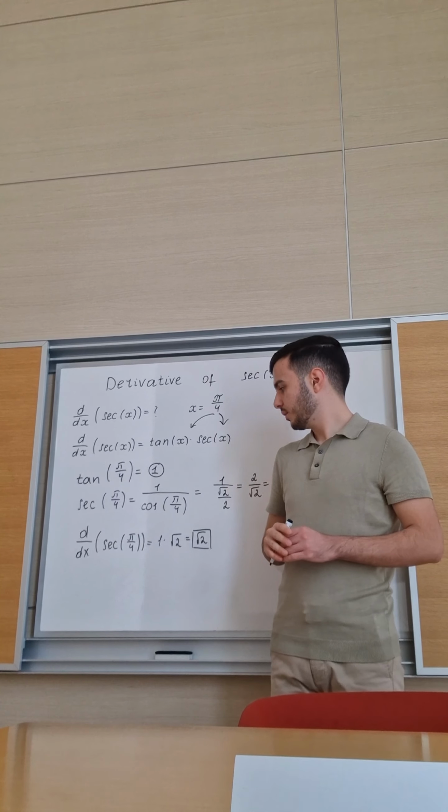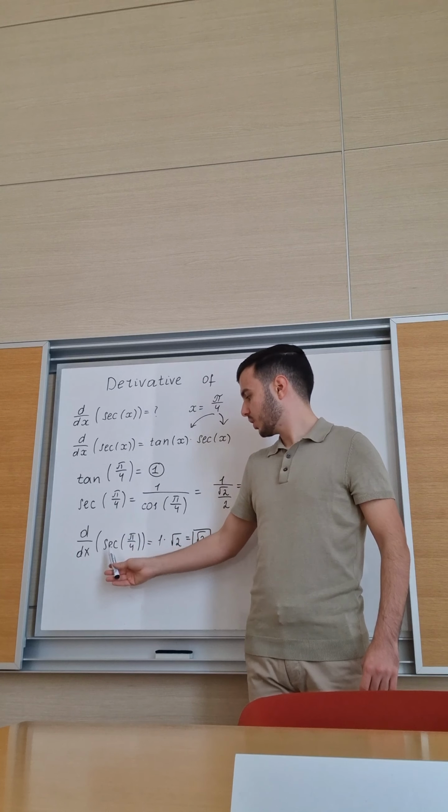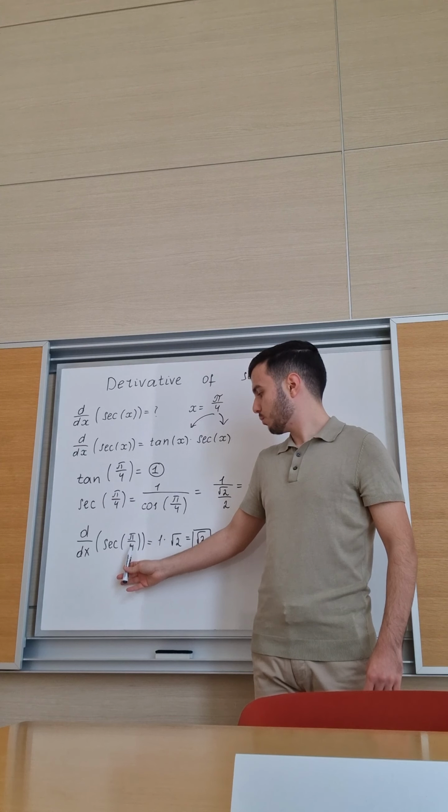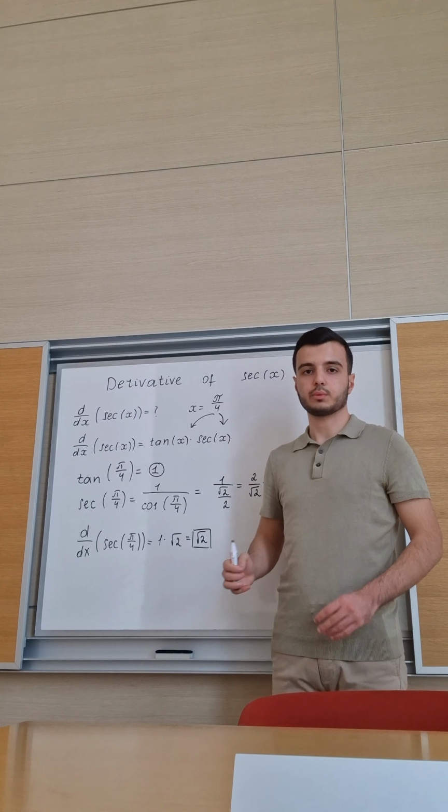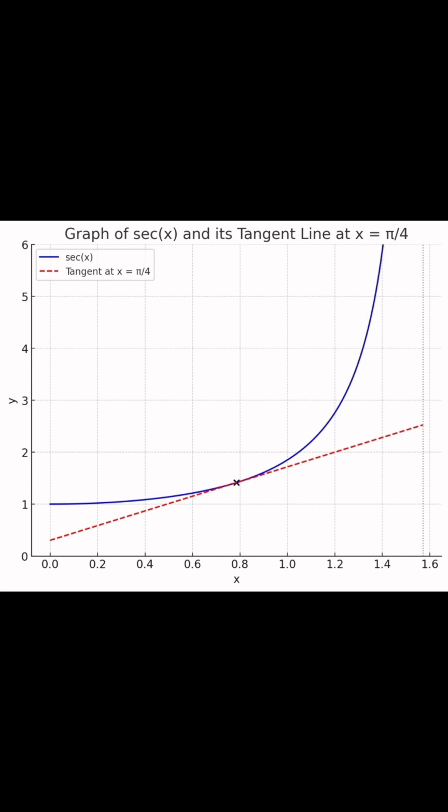And here we get the derivative of secant of π over 4 is square root of 2. That means at x equal to π over 4, the slope of the secant x graph is approximately 1.41.